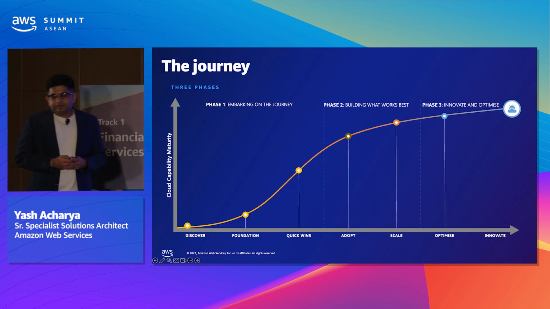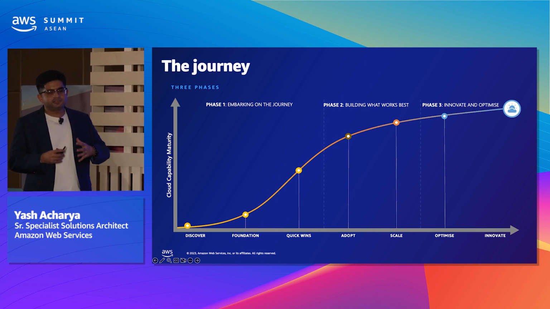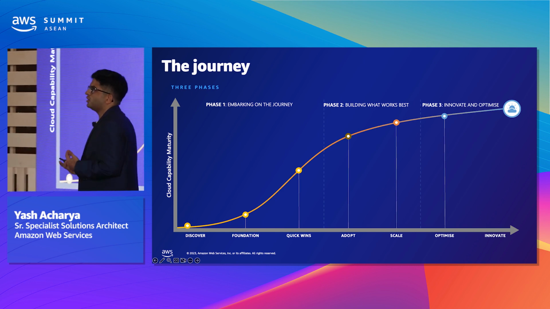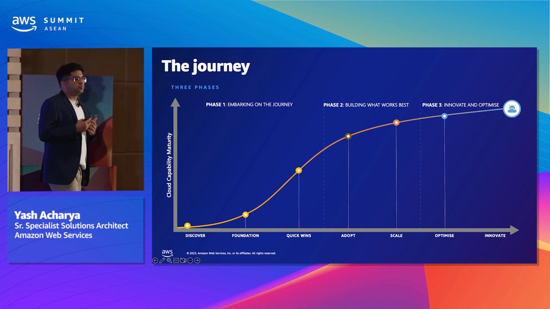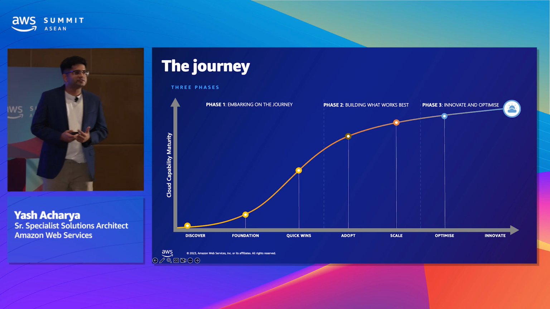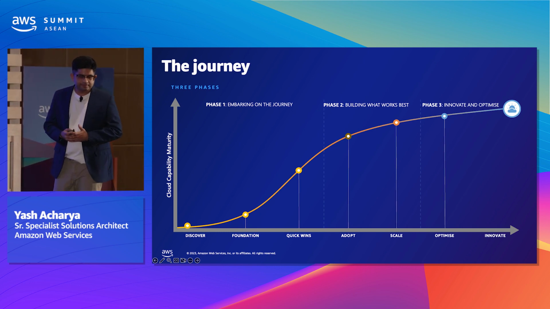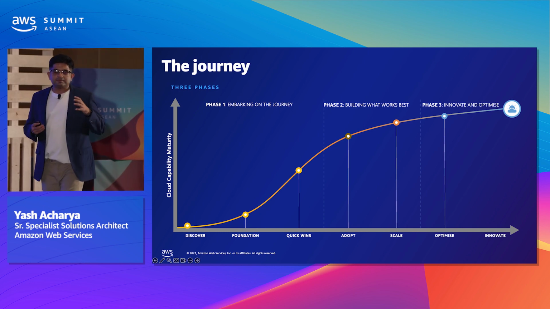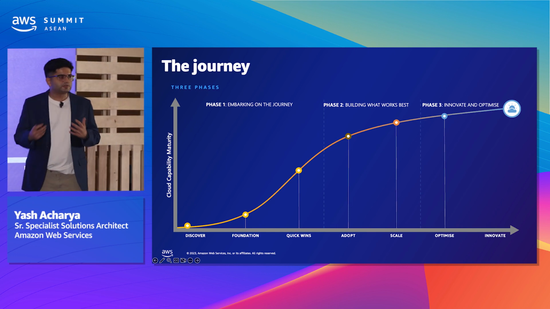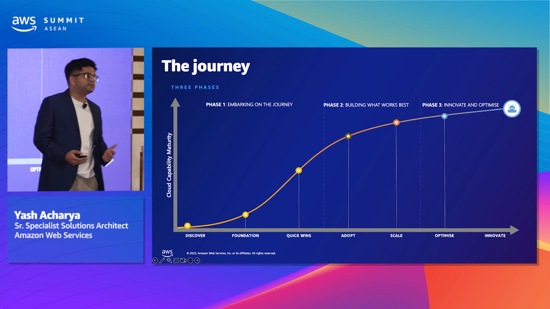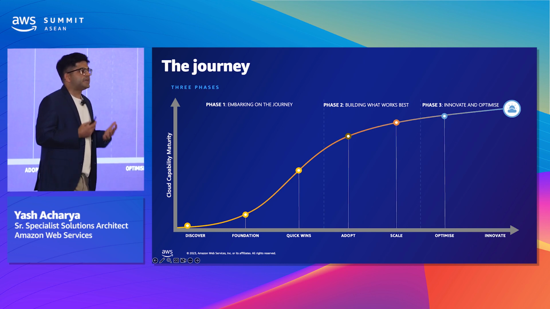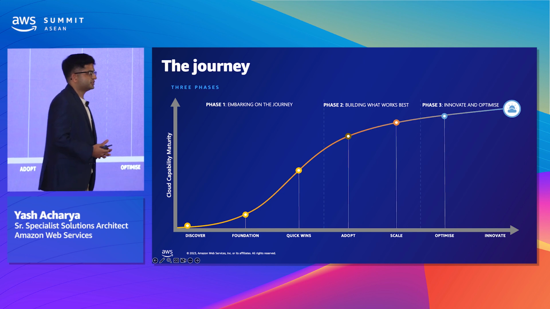Now, I would like to take a step back and maybe focus more on the journey, right? What would basically help any FSI customer reach their goals? As AWS, we've been working with FSI customers across the globe for the last 10 years, and we've built out some practices which would really help you accelerate your migration journey.